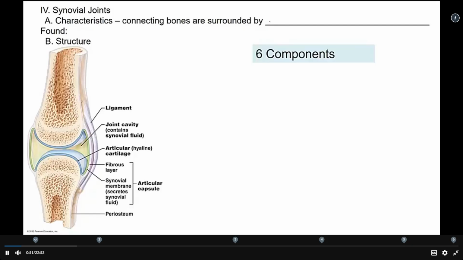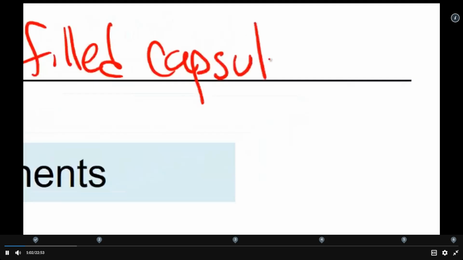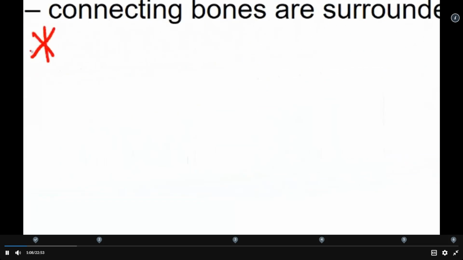Synovial joints exist when the connecting bones are surrounded by a fluid-filled capsule. These are the most common type of structural categories. So in other words, most joints fit into the synovial joint category for structure.